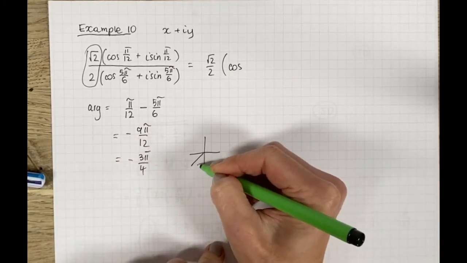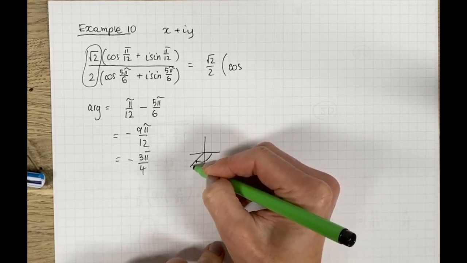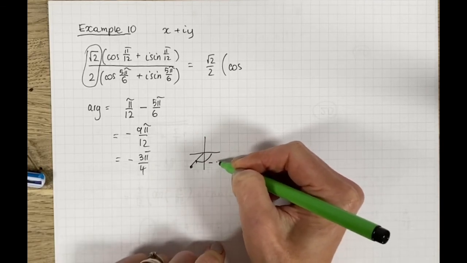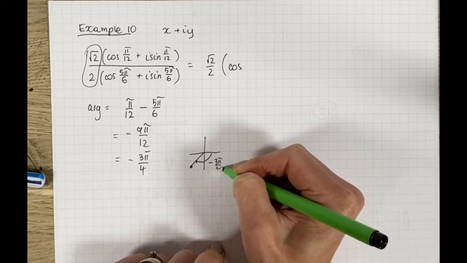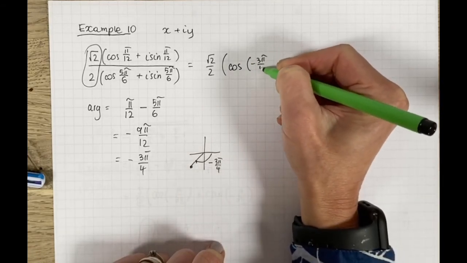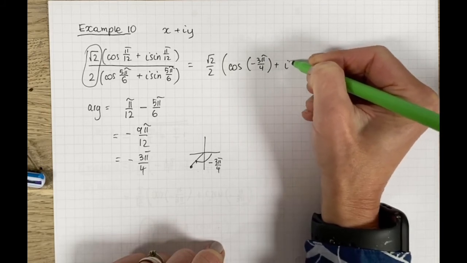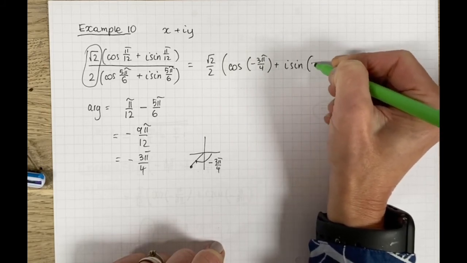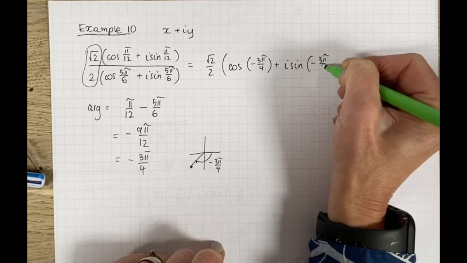So we're talking about our complex number being somewhere here. Okay, so it's cos of minus 3 pi over 4 plus i sine of minus 3 pi over 4.